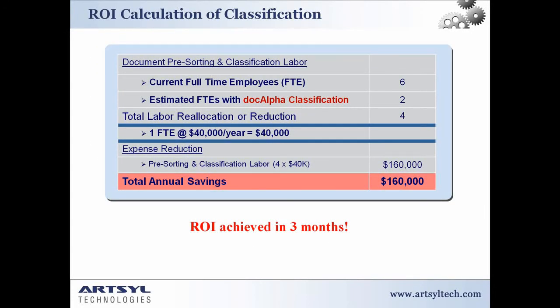Now let's have a quick look at the ROI side of the thing. So this quick ROI calculator shows a typical operation when there are 6 people in the document pre-sorting, preparation, and classification department. So there are 6 people involved in preparing documents in your scanning room. With docAlpha classification, what you can expect is to go down to at least 2 of them.